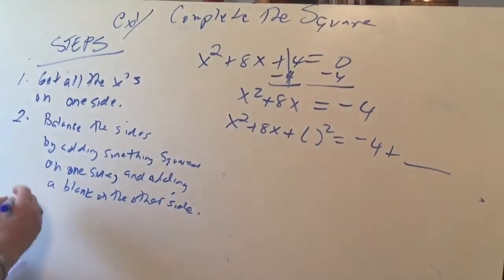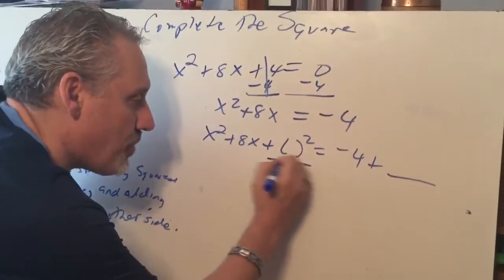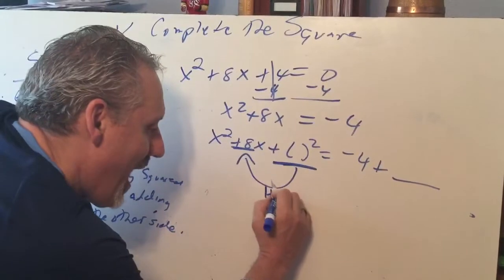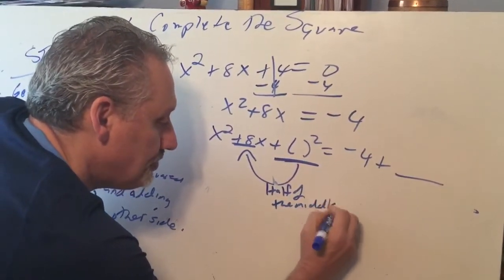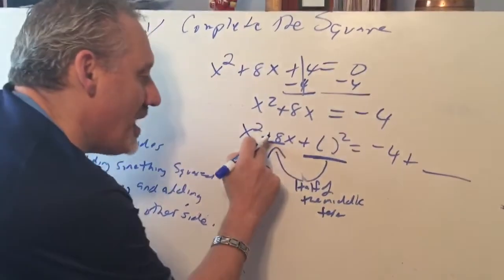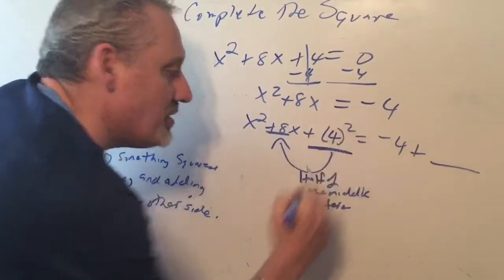Now, step number 3 is right here. In this bracket right here, we are going to add half of the middle term. So, half of positive 8, forget about the x, half of positive 8 is positive 4.